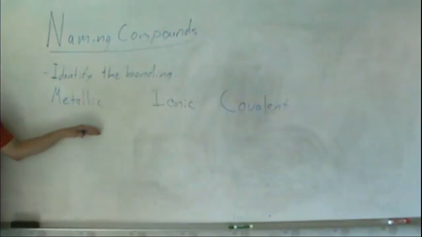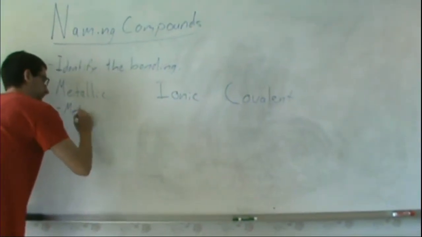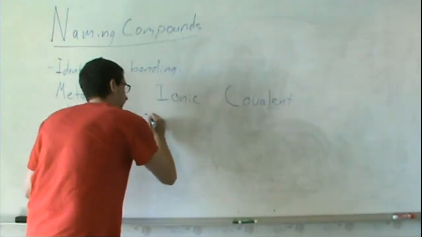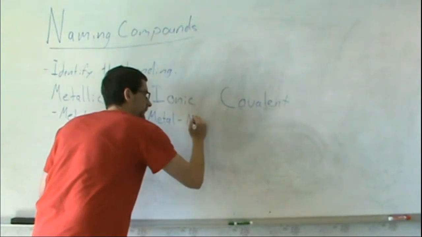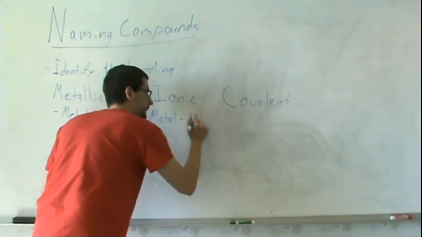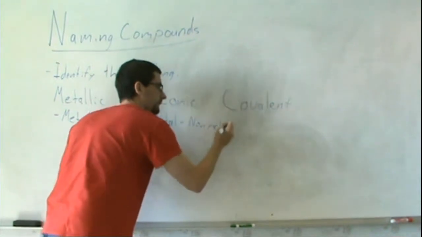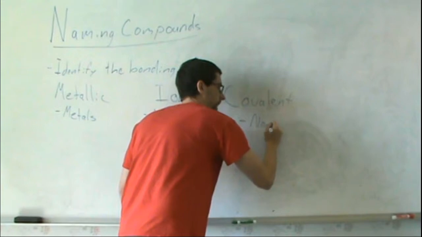In a metallic bond, we just have metals. In ionic bonding, we have a metal paired up with a non-metal. And in covalent, we just have non-metals.